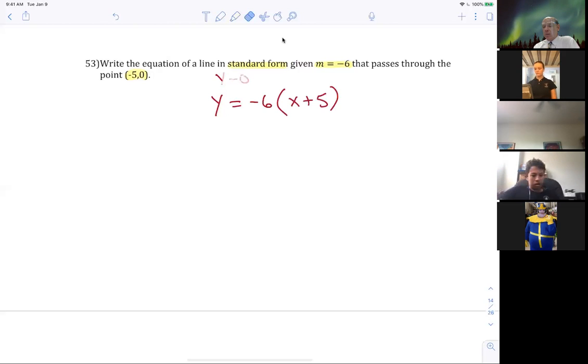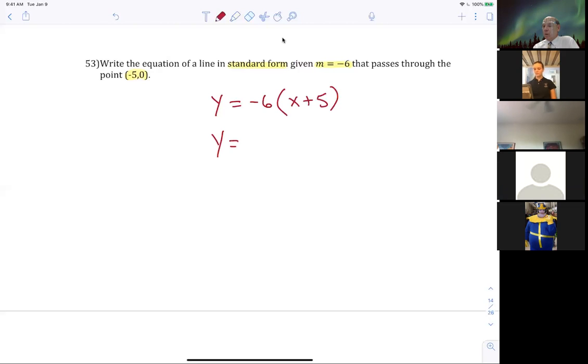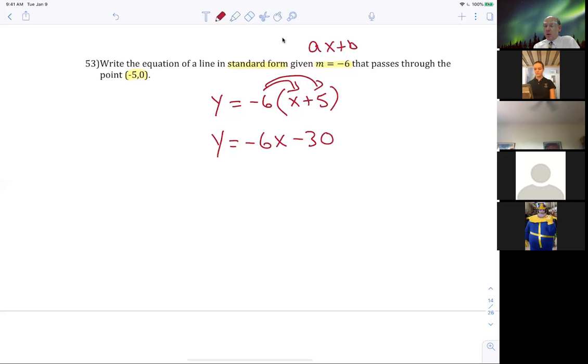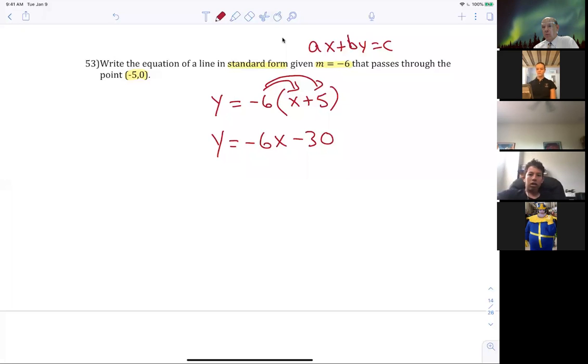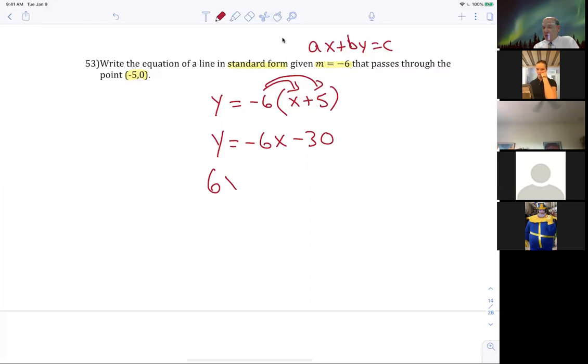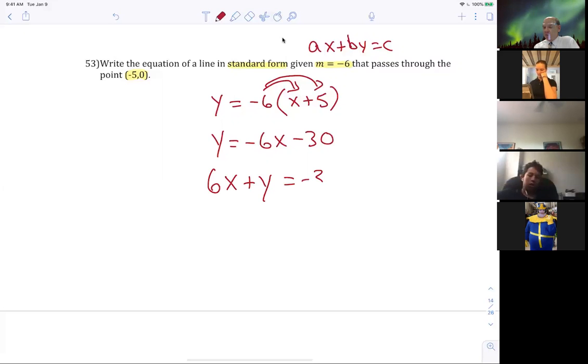All right. So now we have to write it in standard form. So now I should do what to the negative 6? Distribute. All right, now standard form. Remember, if you forgot, ax plus by equals c. So now what do I do? Yeah, move the 6 over, right? And so now we have 6x plus y equals negative 30.